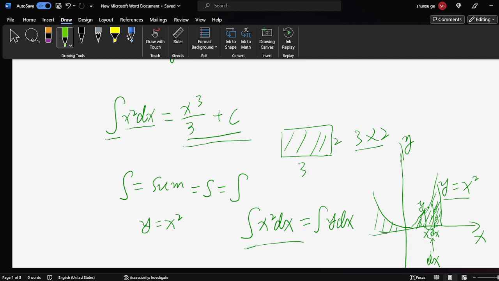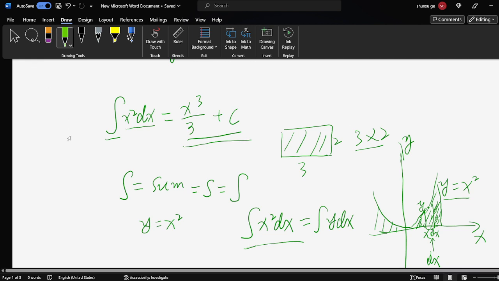So this is the area. So we get that. So integral is super easy. But why do we get this? Why do we get x squared equal x cubed over 3?